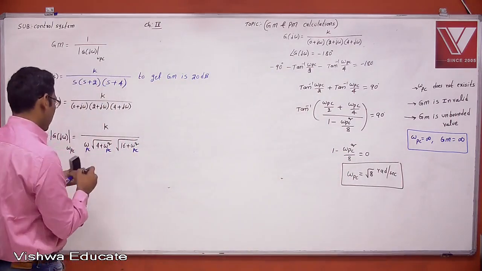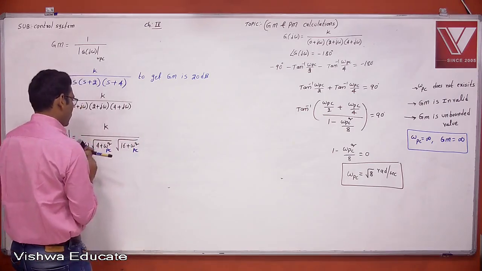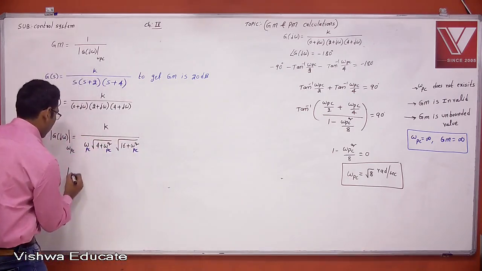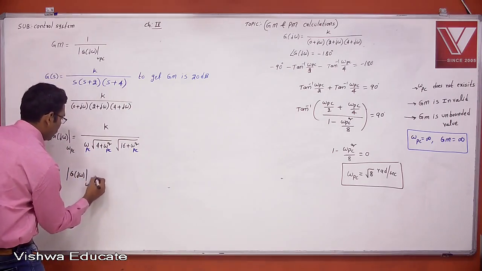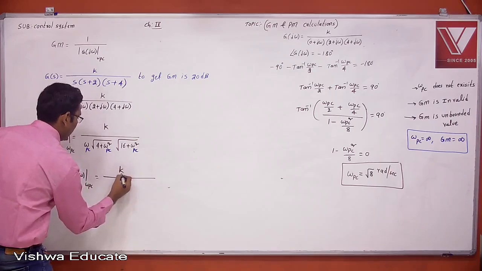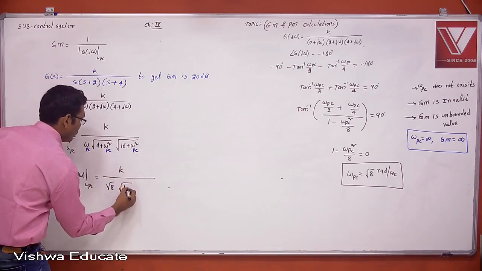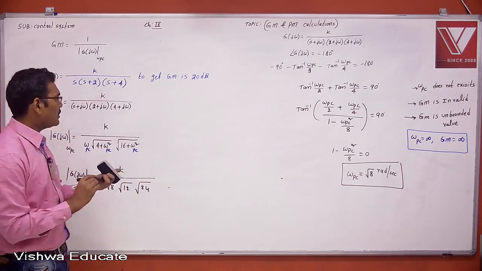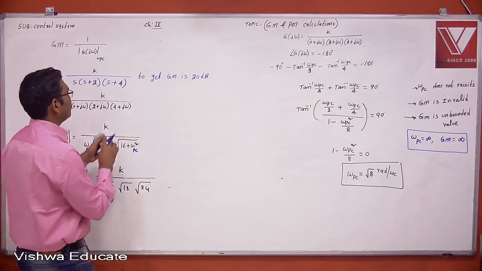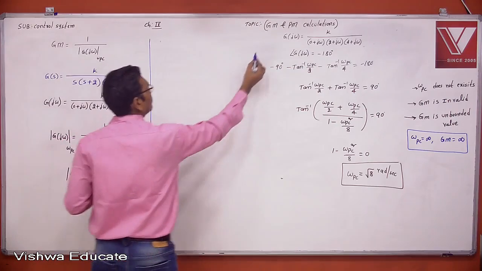Then you substitute here. The phase crossover frequency is root 8 radians per second. The magnitude of G of j omega at the phase crossover frequency is K divided by root 8, root 12, root 24. But in the question he has given the gain margin in terms of dB.